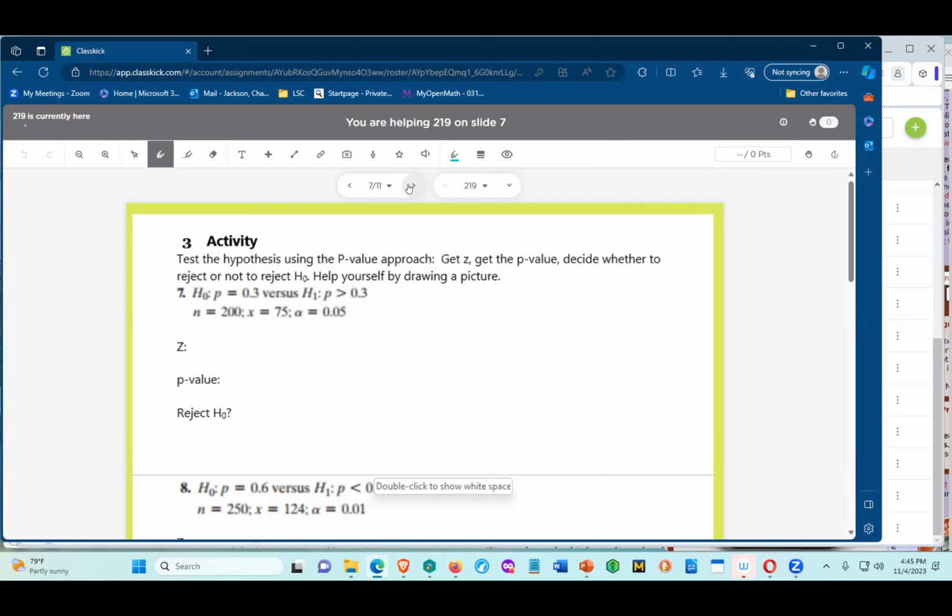There is this critical value thing, which is what we're alluding to when we say using the p-value approach, because if you use the critical value approach, you get the same results, but it's just a different method.